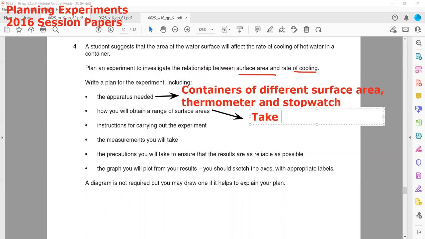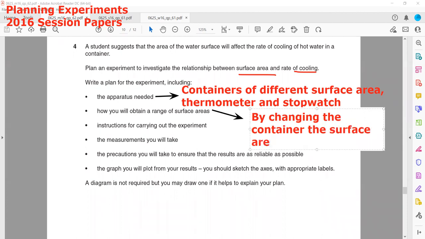We will take different containers, and when we change the container, the surface area will change. And we can repeat for 5 different types of containers.